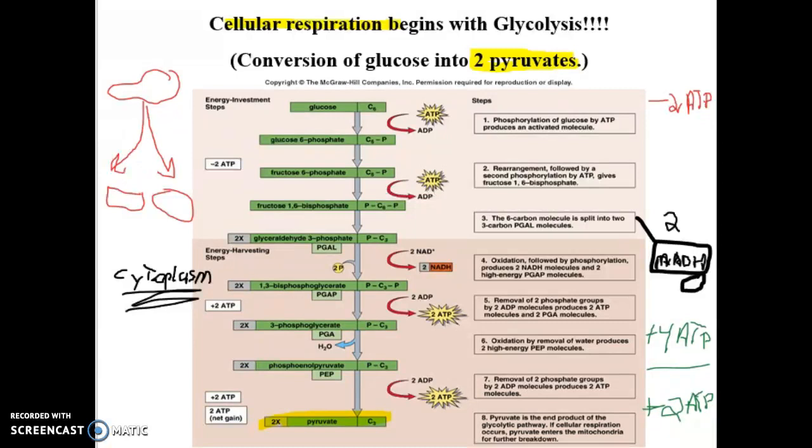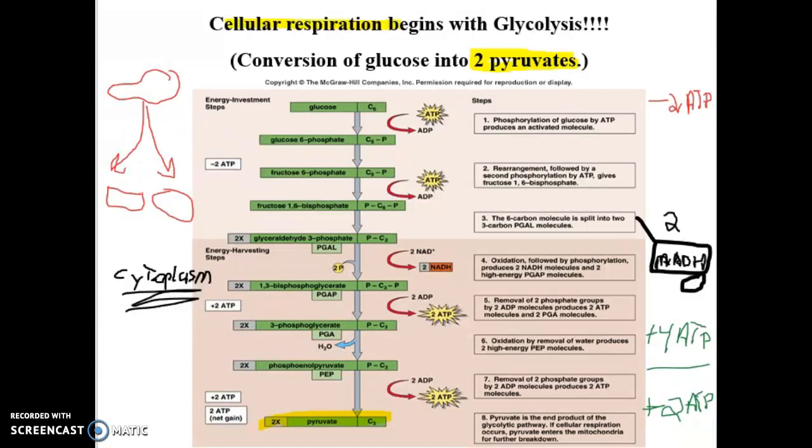Cellular respiration does not mean you're breathing. It means your cells are making energy. I want to stress that. It is your cell making energy, not breathing, respiration, my lungs. Every single cell of the body that contains mitochondria performs cellular respiration.